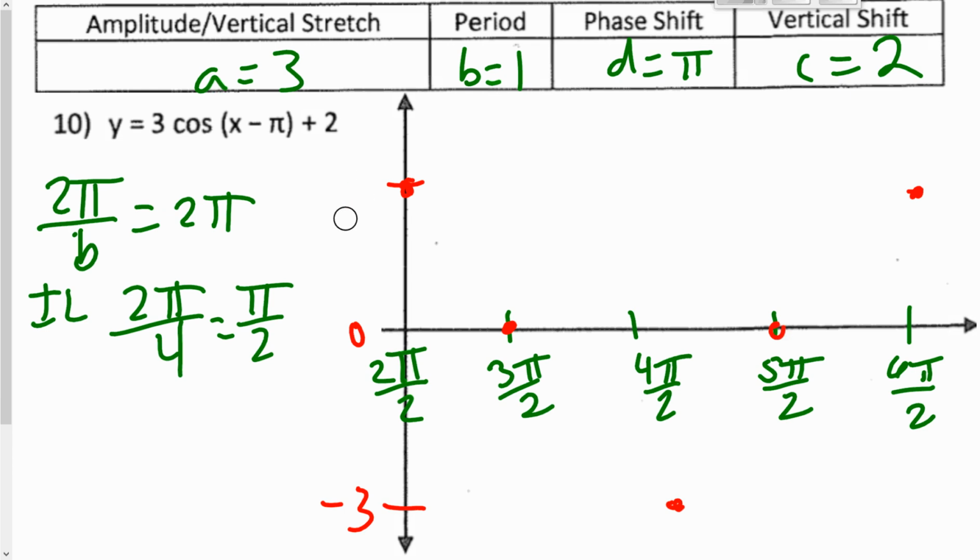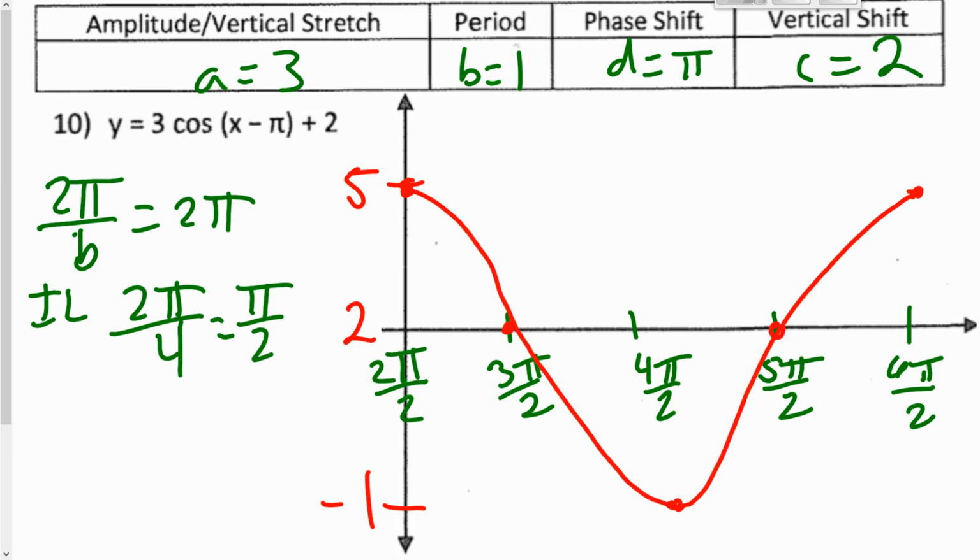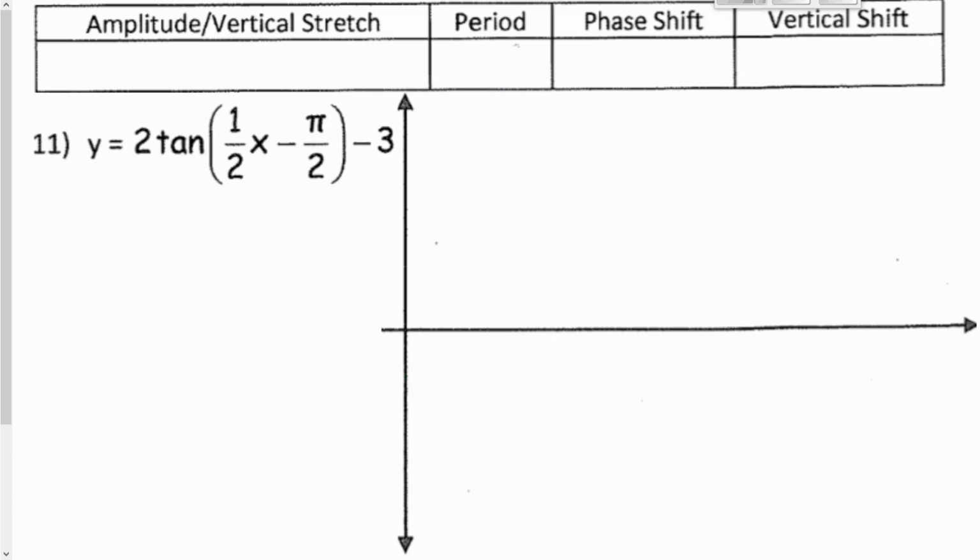So 3 plus 2 is 5. 0 plus 2 is 2, and -3 plus 2 is a -1. And we can go ahead and graph our cosine. Maybe remember it's curvy. It doesn't look like an absolute value. It's curvy, right? It's got a wave-like pattern. Okay, so there's our graph.